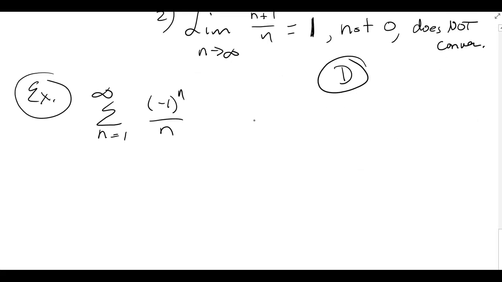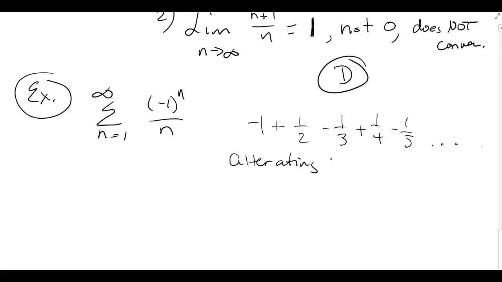This is a series we're familiar with. We're starting at 1, so my first term is negative 1. Then it goes plus 1/2 minus 1/3 plus 1/4 minus 1/5. And as you may have guessed by now, we call this the alternating harmonic series.